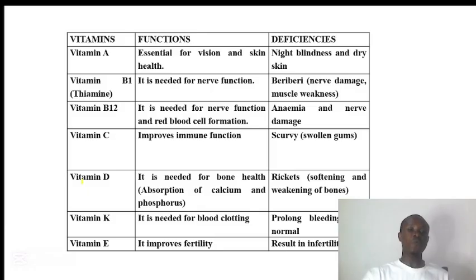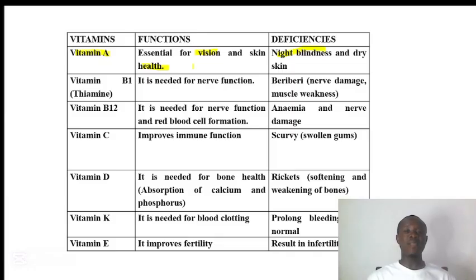So let's start with vitamin A. It is essential for vision and skin health. So if a person lacks vitamin A, since it is essential for vision, the person will experience what we call night blindness.